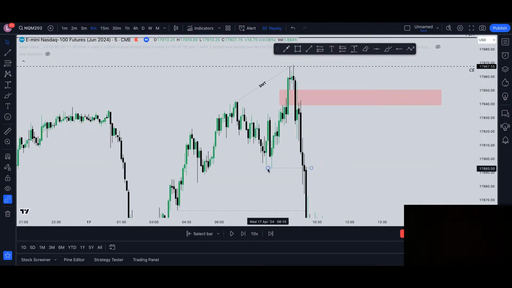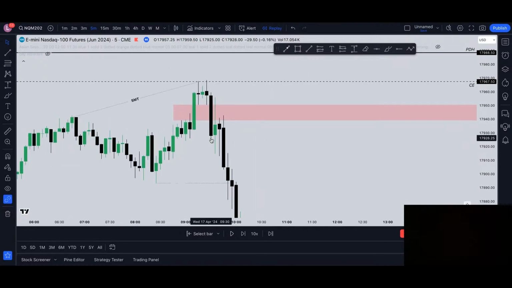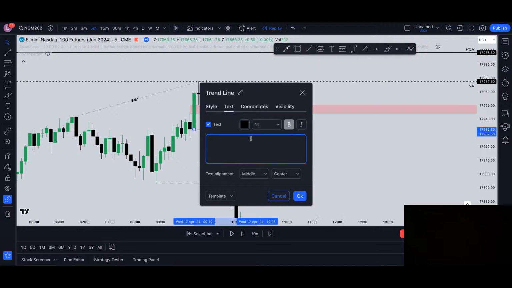Let's study the price action on lower time frames. So this was the 9:30 candle. Price went up. You can see how price closed below this inversion fair value gap. And this 5-minute is your change in state of delivery, CISD.